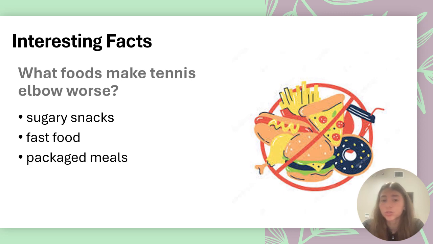These foods are high in sugar and unhealthy fats, which can increase inflammation and worsen tennis elbow symptoms. This food is already unhealthy food that you should try to avoid, and now knowing that it can worsen the condition of your injury, it will probably be easier to avoid this kind of food.